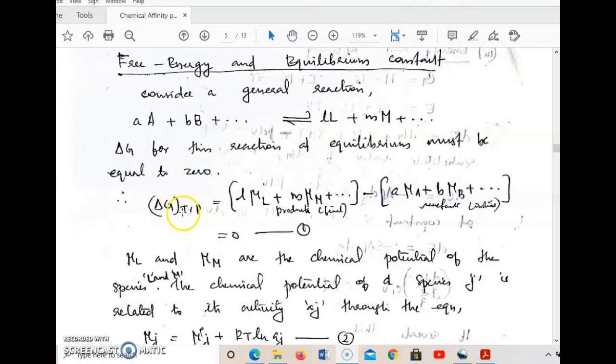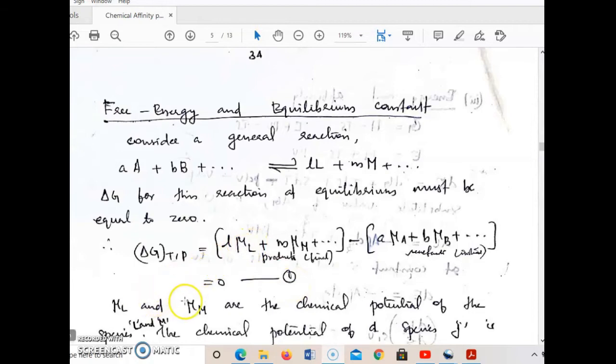So delta G for this particular reaction in equilibrium is equal to l times the chemical potential of product L plus m times the chemical potential of product M plus etc., minus those of the reactants, right? a times the chemical potential of reactant A plus b times the chemical potential of reactant B. So the sum of chemical potentials of products minus the sum of chemical potentials of reactants, that is the change in Gibbs free energy, is equal to 0 because this is an equilibrium reaction.